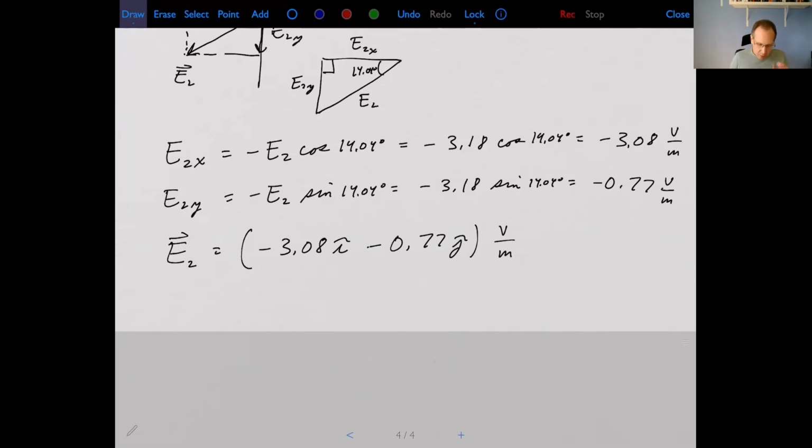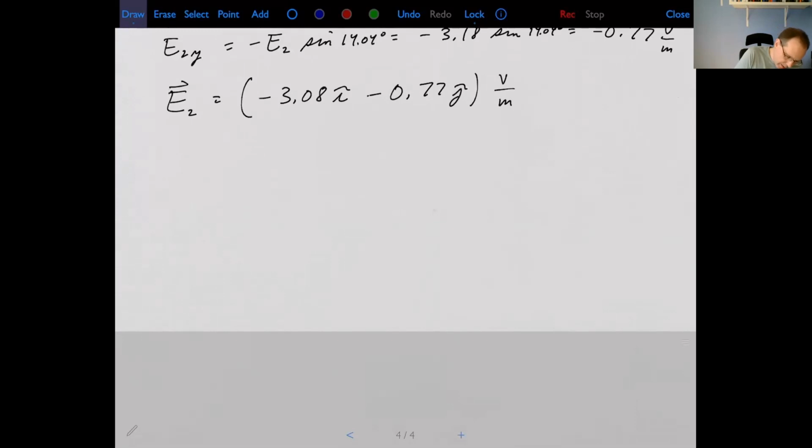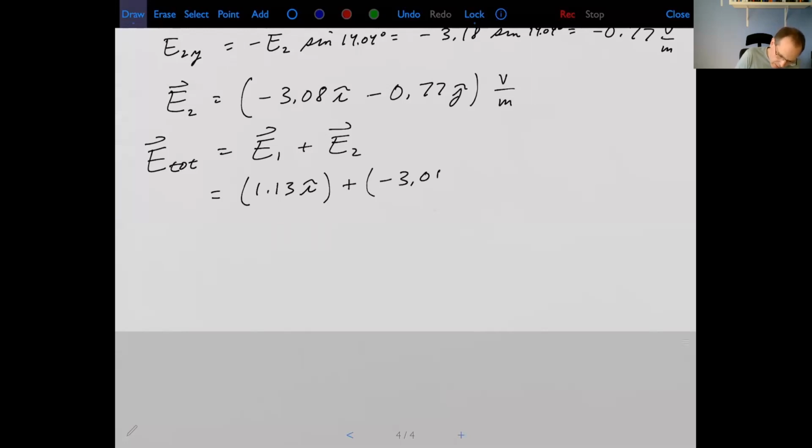So now, remember, ultimately the goal is to find the total electric field at that location. So to do that, I simply add E1 and E2 together, right? So E total is going to be E1 plus E2. Well, we know what E1 and E2 are, right? Remember, E1 was 1.13 i hat, and then E2 was negative 3.08 i hat minus 0.77 j hat.